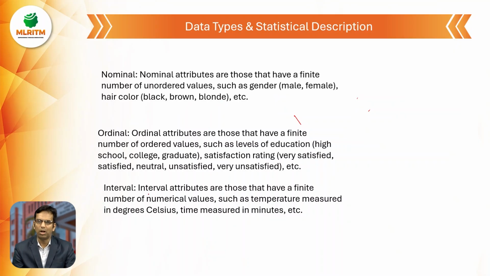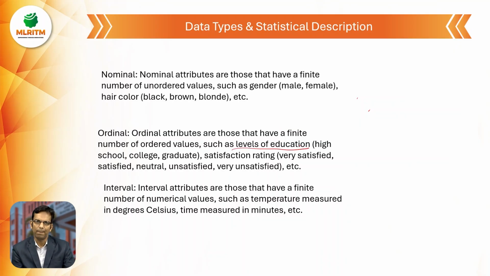Okay, then we have the ordinal attribute and the interval attribute. In an ordinal attribute, what happens? In an ordinal attribute, there is a set of ordinal values, such as high school, middle school, or primary school. I have given this type of categories. I have selected an example of education levels.